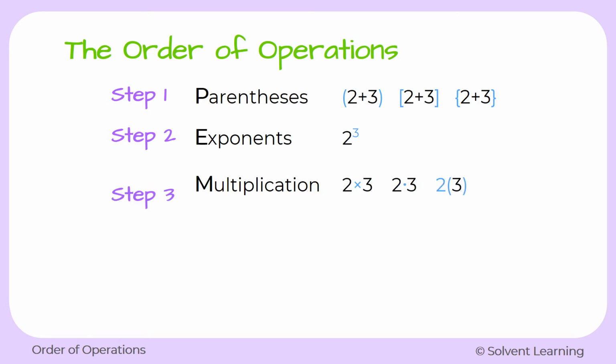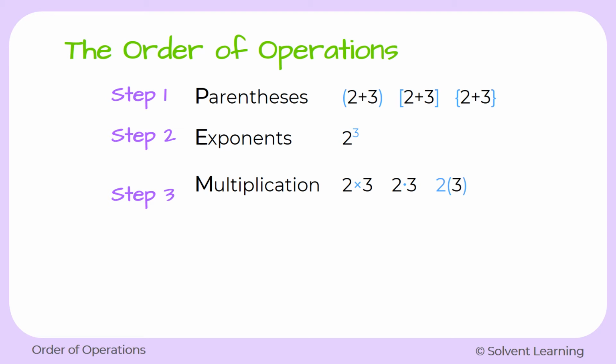The next step includes multiplication. Now, multiplication can be represented with different symbols, so keep your eyes open for that. We might see the little X, the little cross, to represent multiplication. We might see just a dot between the numbers to show multiplication, but sometimes we might even see parentheses.